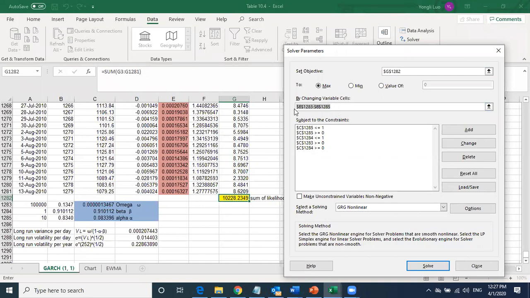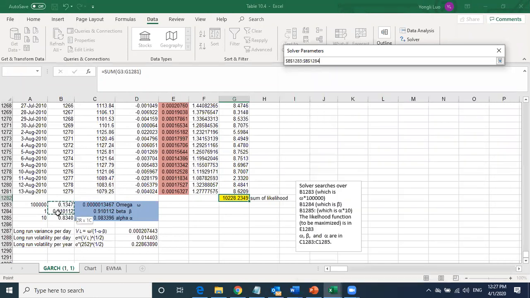This is the area of the variables you want to change.